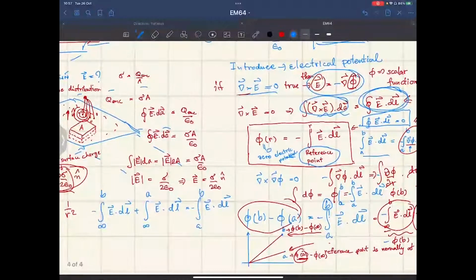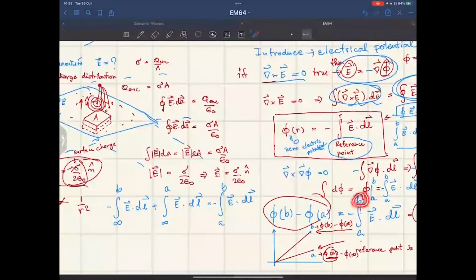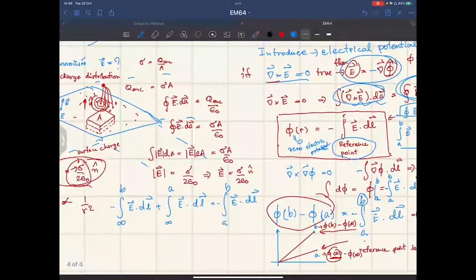Okay, but from here, if you look, A is up here, B is up here, right? We want A and B just to follow this thing here. I should not convert this. I should use the same thing. This thing is infinity to B, E dot dl.